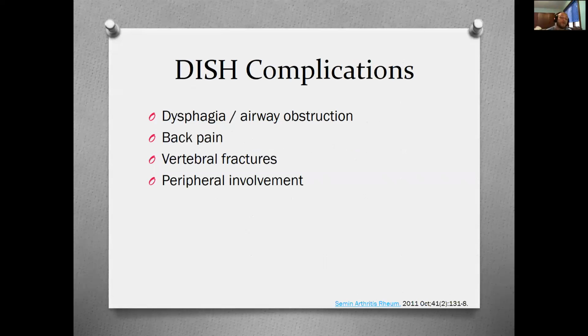So if these bony growths happen in the upper parts of the spine, they can actually cause pressure on the esophagus, which can make some of these typical things that we do, like swallowing, very hard. If patients have this severe enough, they can undergo surgery, which can be used to help restore normal swallowing and breathing, but there are some problems.